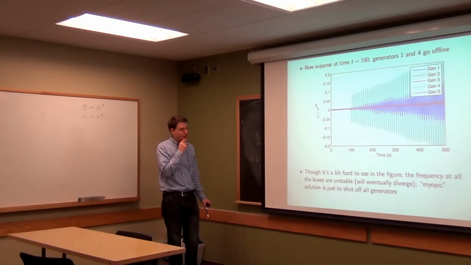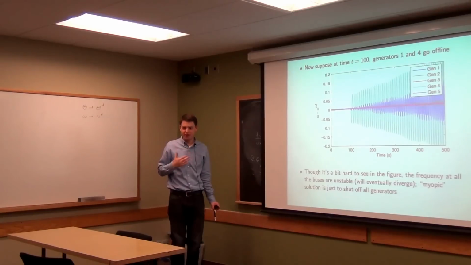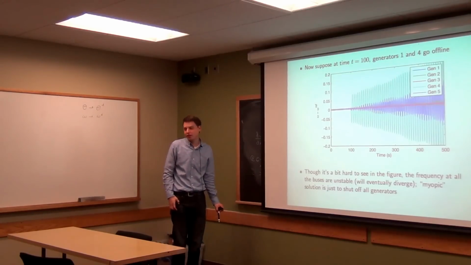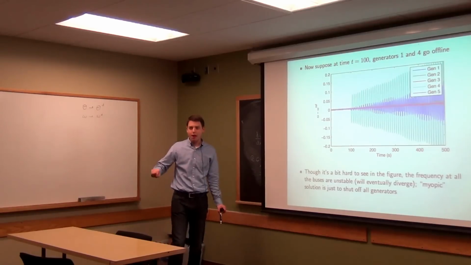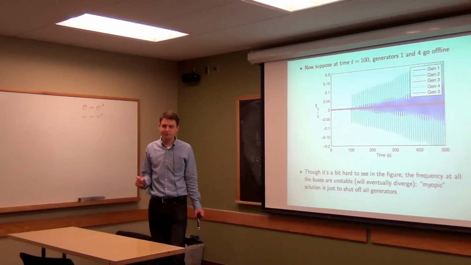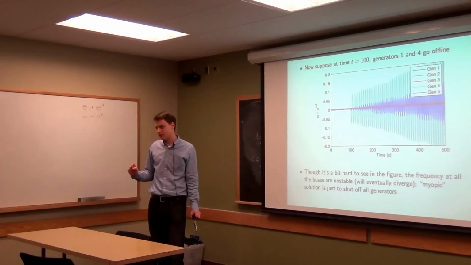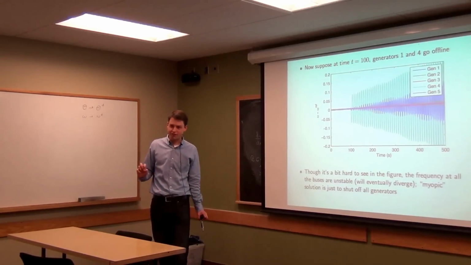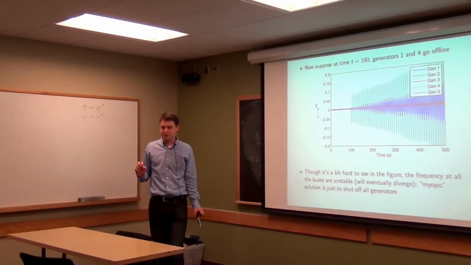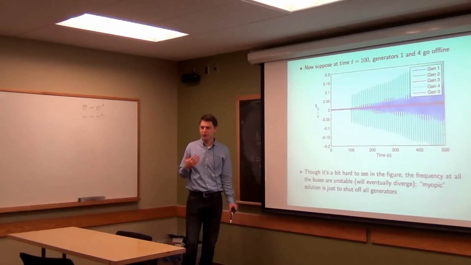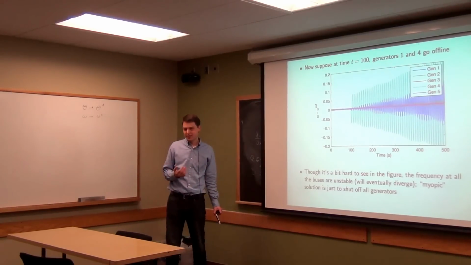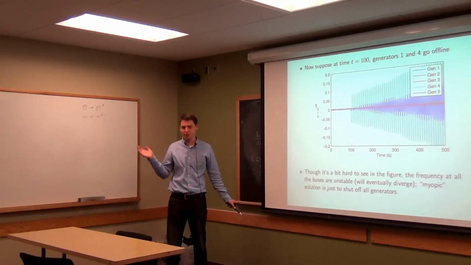So a myopic strategy, that means everyone's personal best strategy in some sense, would say, okay, look, if I keep doing what I'm doing right now, I am going to destroy my generator. I don't want to do that, so I'm going to shut off. So in this scenario, when everyone has these control laws, and everyone acts greedily in this sense, they will all just shut off, and there's a blackout.